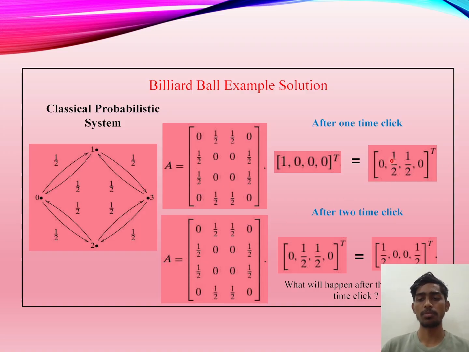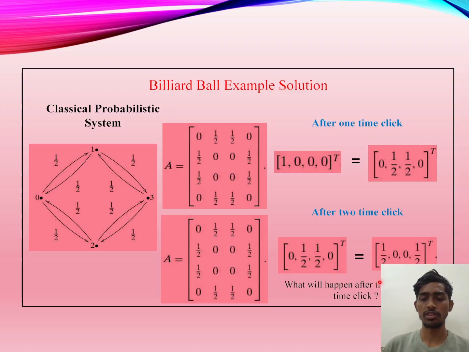So we will multiply this new state with our adjacency matrix to find more new states, like we have done here for finding two time clicks. We multiply this matrix with the new state to get a new state that is 1 by 2, 0, 0, 1 by 2.